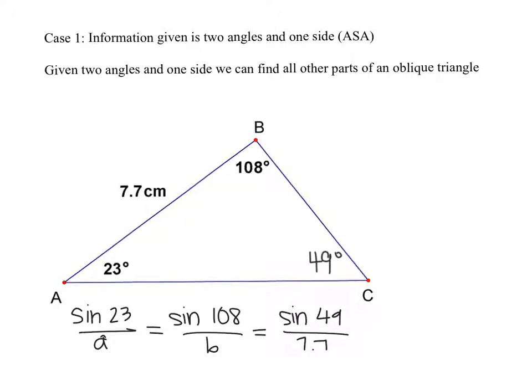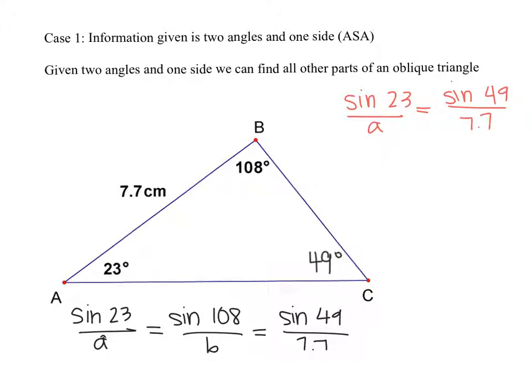We know angle C and its side, so we're going to use that ratio to help solve for sides A and B. We set up the ratio to solve for side A: sine of 23 over A equals sine of 49 over 7.7.